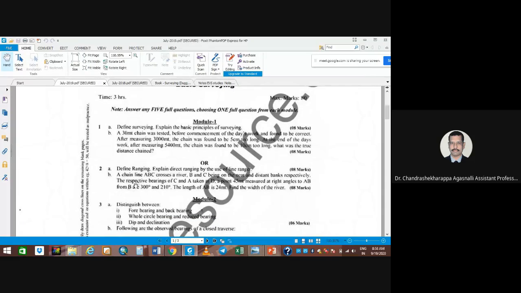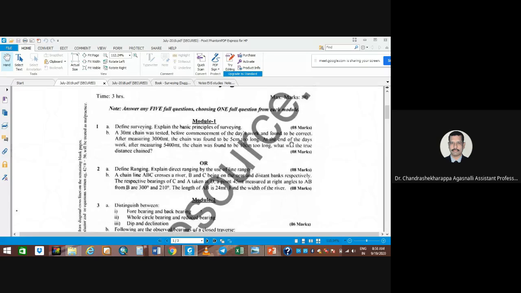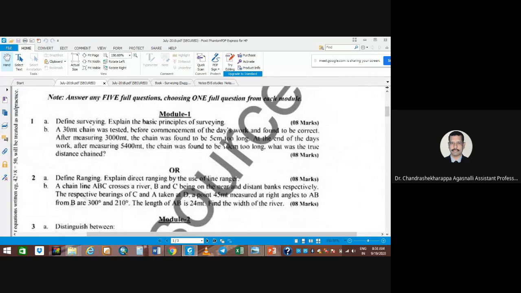So this is a chain, see here, this is how the problems arise. A 30-meter chain was tested before commencement of the day's work and found to be correct. After measuring 3000 meters, that means 3 kilometers, the chain was found to be 5 centimeters too long. How was it? That may be due to stretching problems.